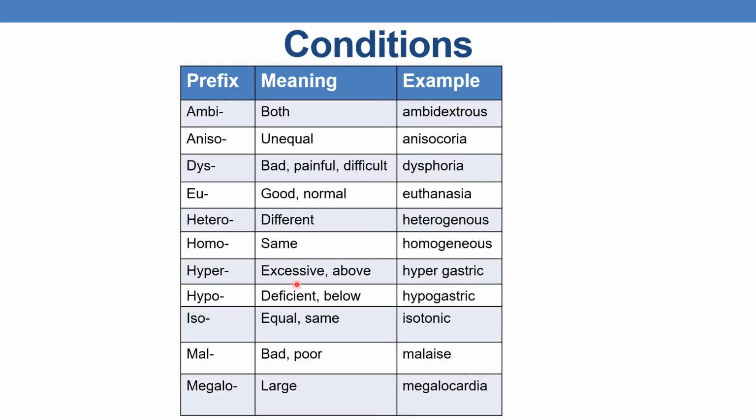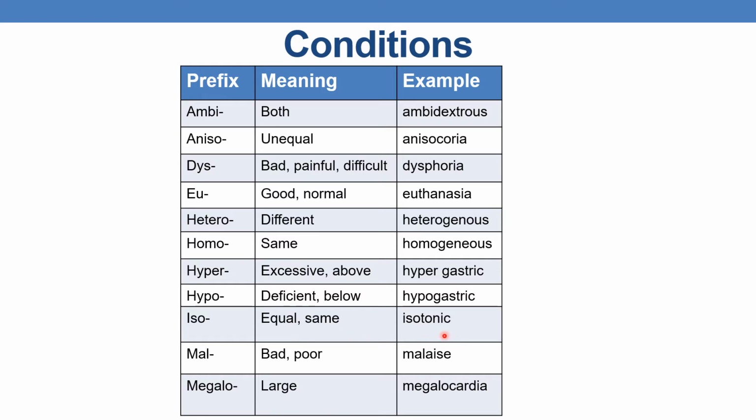Hyper means excessive or above. Example, hypergastric or hypertension. Hypo means deficient or below. Example, hypogastric or hypotension. Iso means equal or same. Example, isotonic.